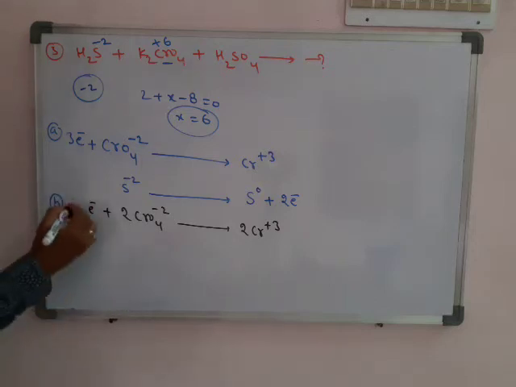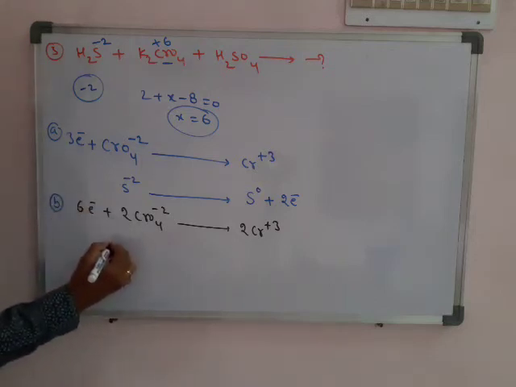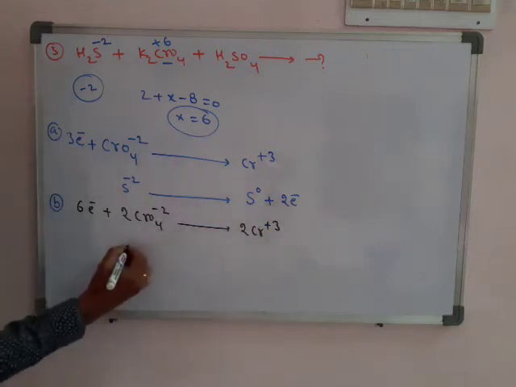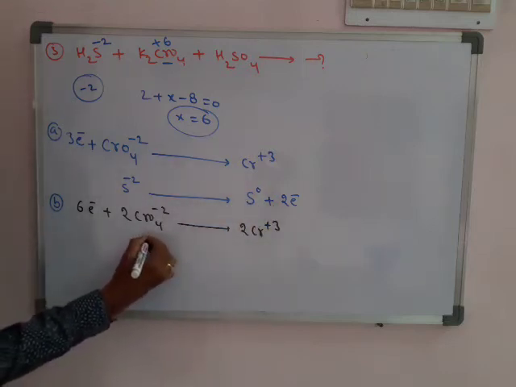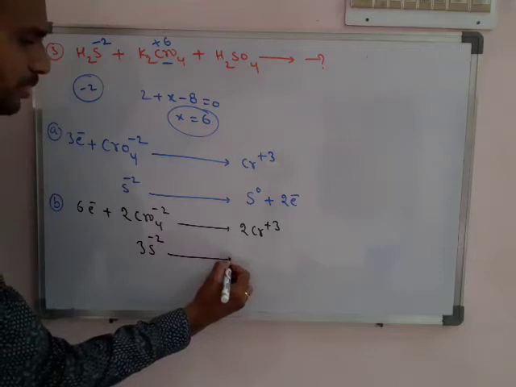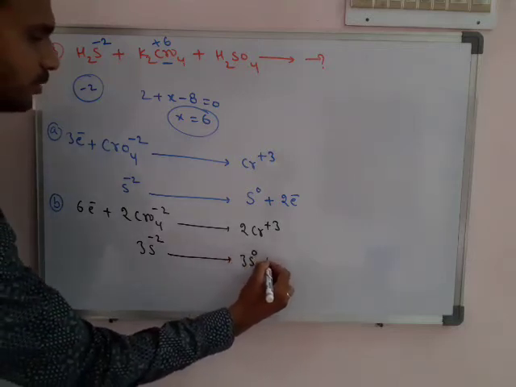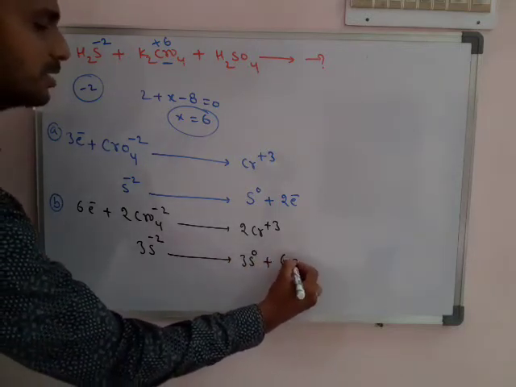Already 3 electrons are there. So next multiply this with 3 to make 6 electrons, so multiplying with 3, 3S-2 becomes 3S power 0, 6 electrons.